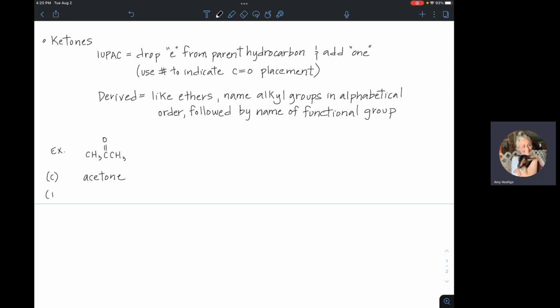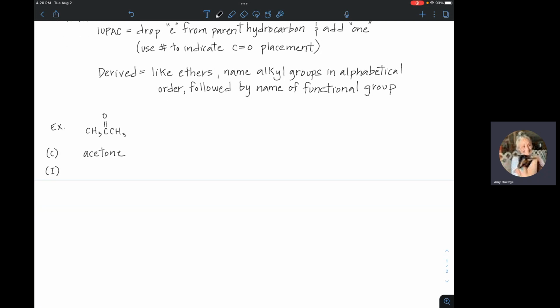But the IUPAC nomenclature would indicate that this is a derivative of propane, right? And you have to tell somebody where the carbonyl is. I mean, obviously, it's got to be on the middle carbon. Otherwise, you wouldn't have a ketone. You would have an aldehyde. But we tell somebody that that carbonyl is on carbon number 2. So 2-, that 2 means that the carbonyl is on the second carbon.